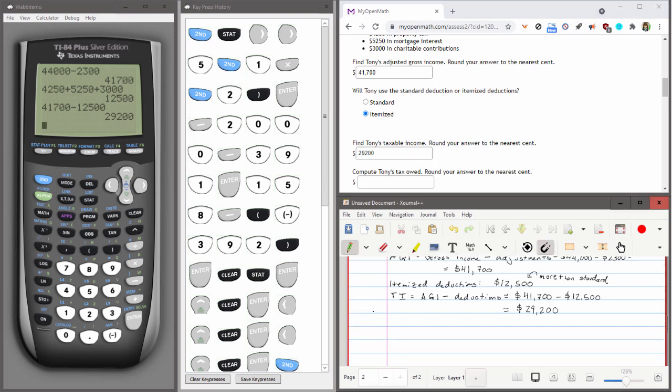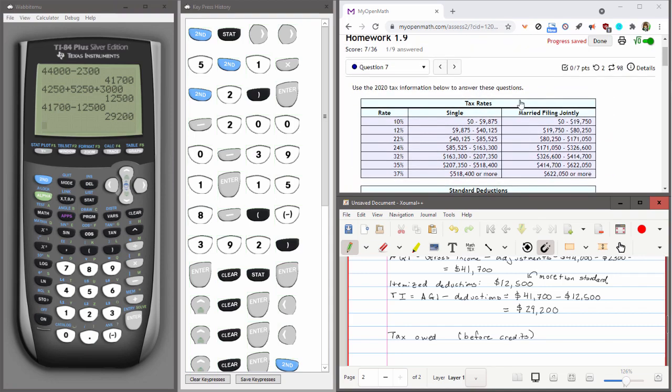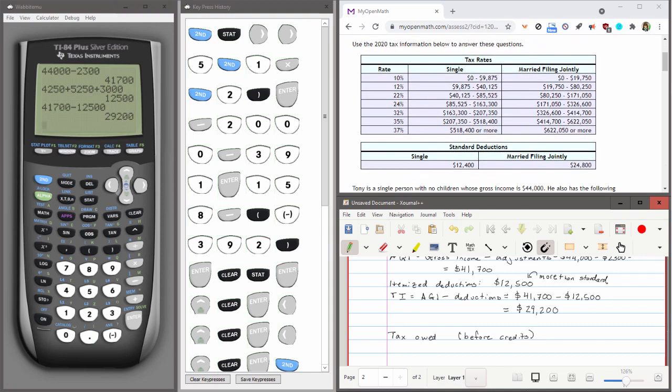Okay, now we need to compute his tax owed before any credits. For that, we need to go up to the tax brackets. So his $29,200 income, that's between $9,000 and change and $40,000 and change.